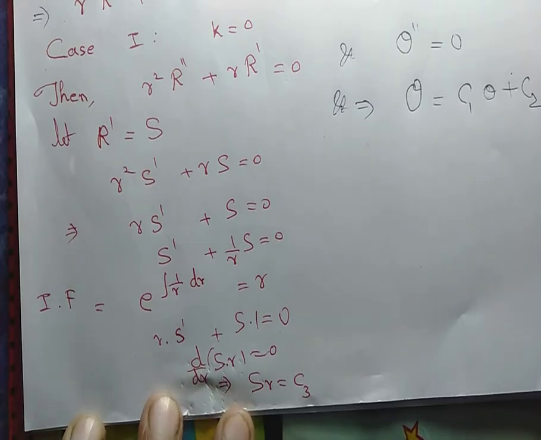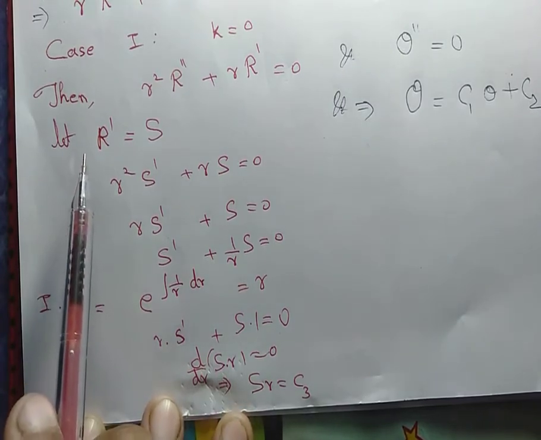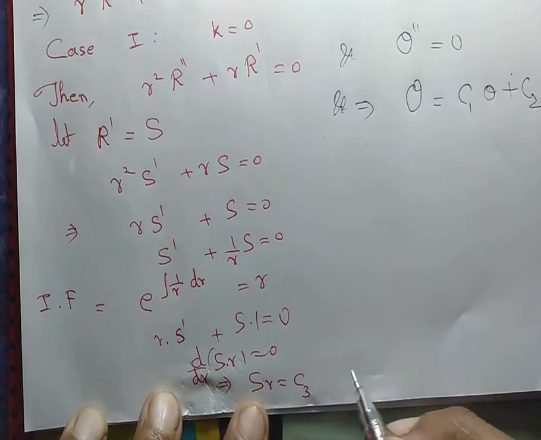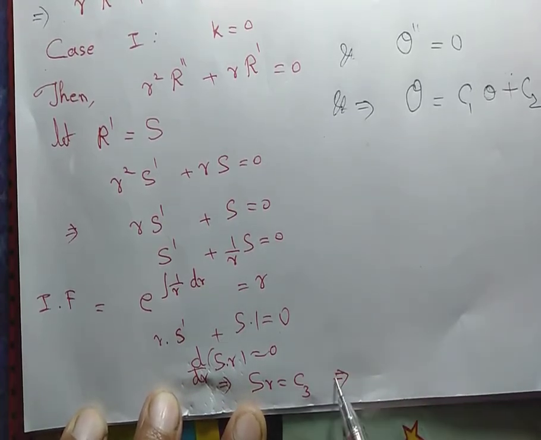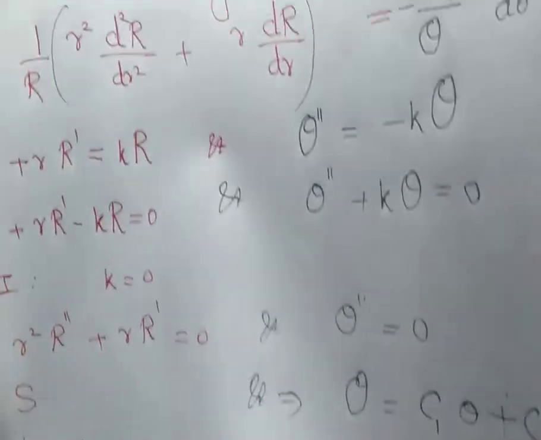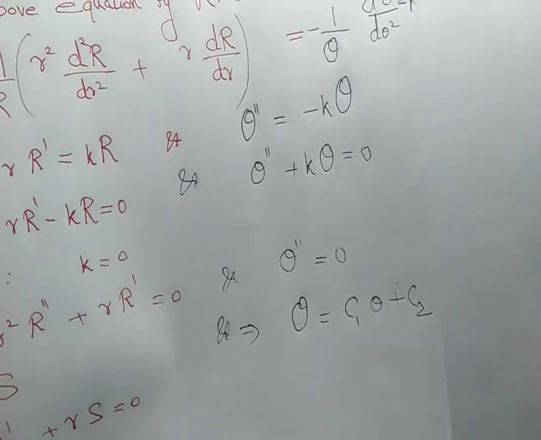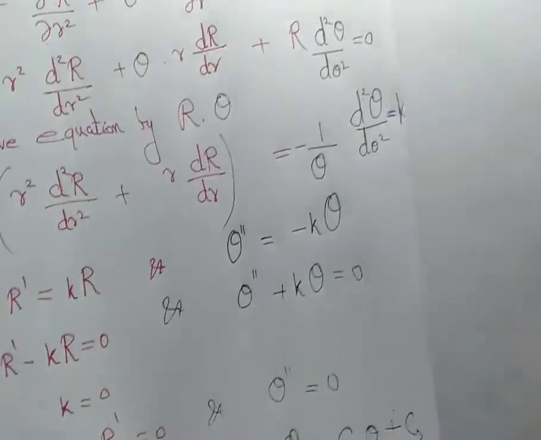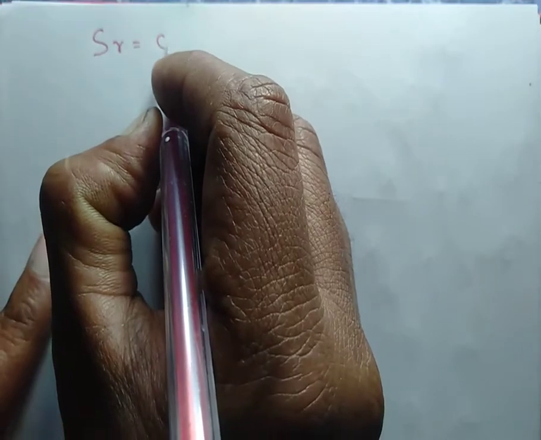Now s is again the derivative of r. Let's go to the next page. We have, let's write in the next page first of all. We got s into r equal to c3.